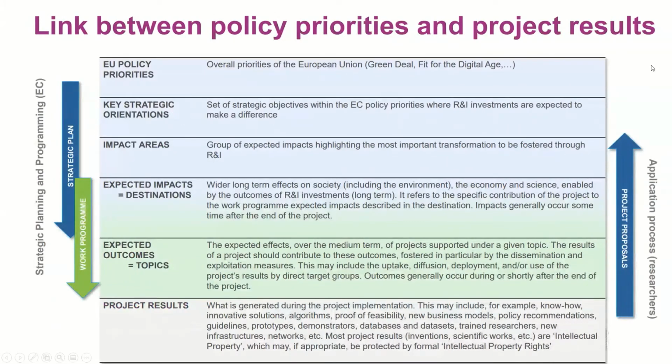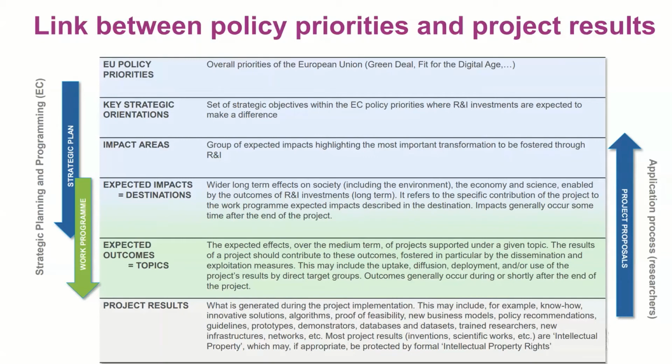As we were saying before, the approach is more bottom-up. There is a strengthened link between the policy priorities and the project results in Horizon Europe. There are key strategic orientations on impact areas that define the main themes to be treated in the projects to be funded.